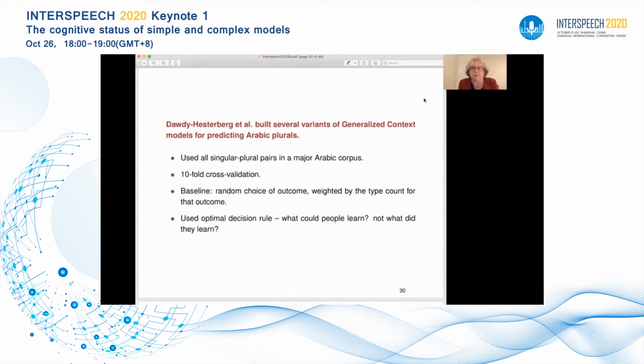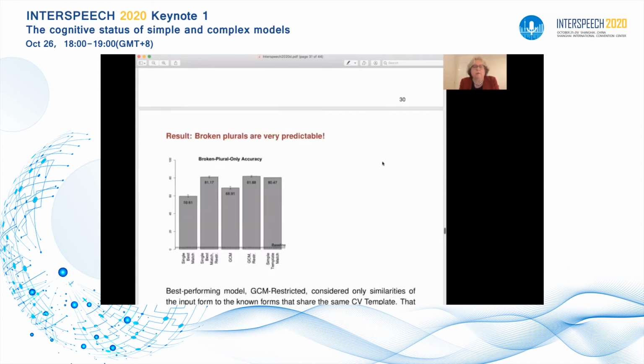So we built several variants of a generalized context model using all singular plural pairs in a major Arabic corpus and carrying out a cross-validation and computing a baseline. We're using an optimal decision rule here, which means we're looking at what could people learn, not necessarily what did they learn.